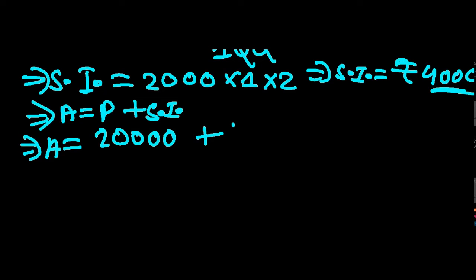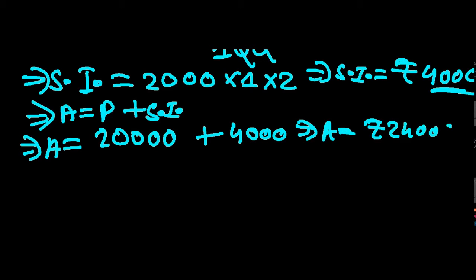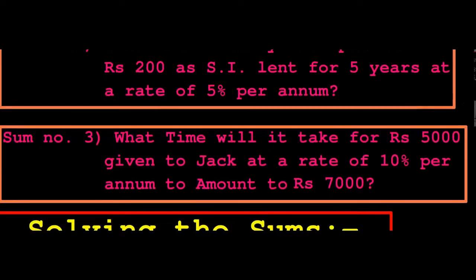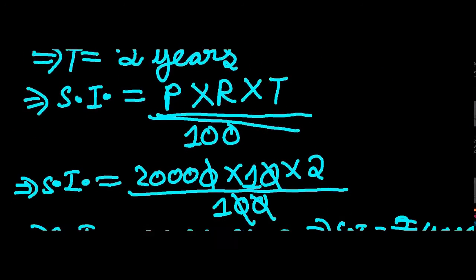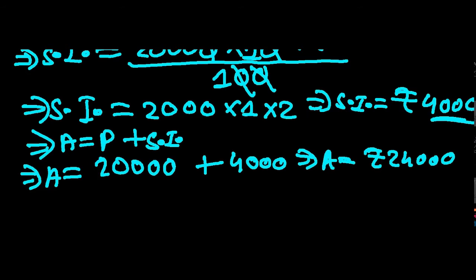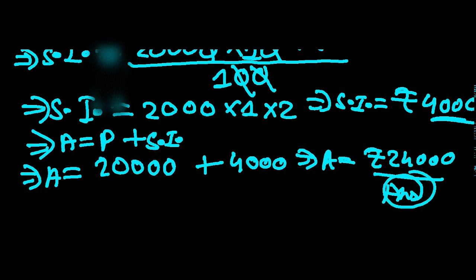So we will write 20,000 plus 4,000. Now amount is equal to 24,000. The amount will be paid back to Raj at the end of 2 years. So the answer finally we got is 24,000 rupees.